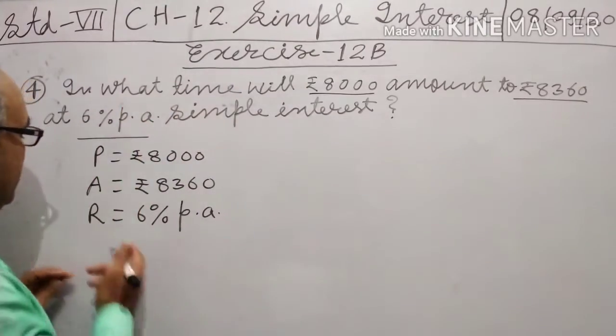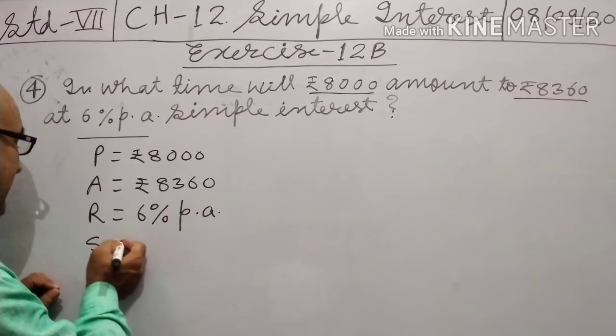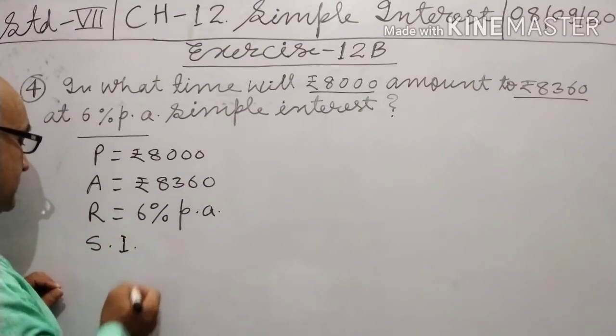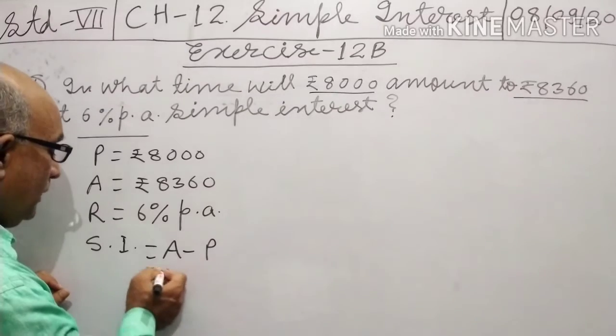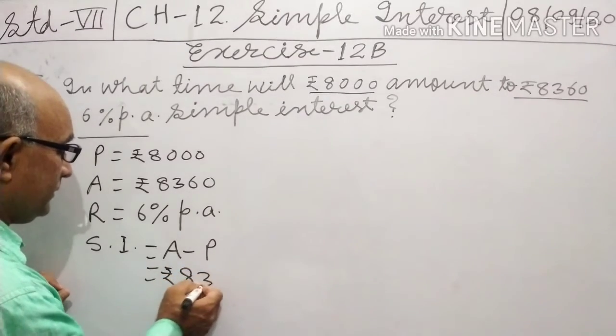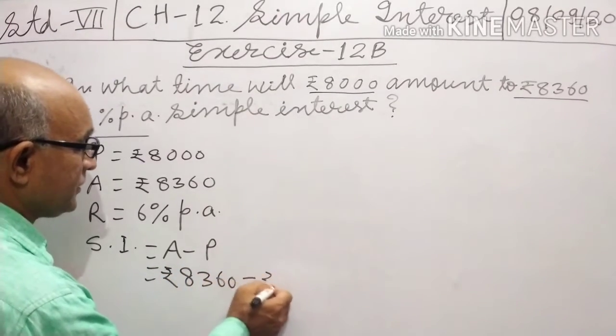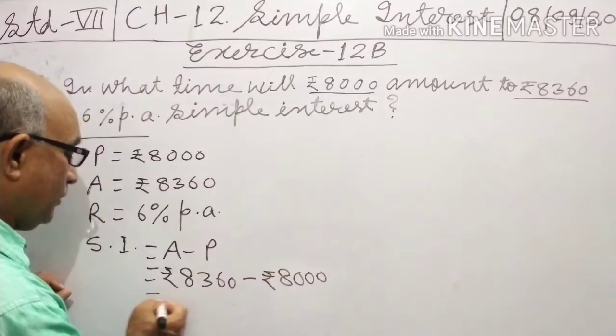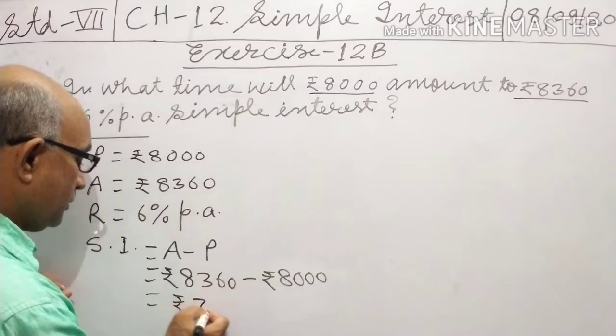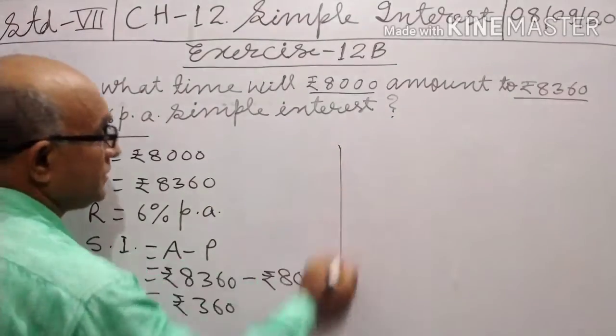In what time? So first of all find SI. Simple interest equal to A minus P equal to rupees 8,360 minus rupees 8,000 equal to rupees 360.